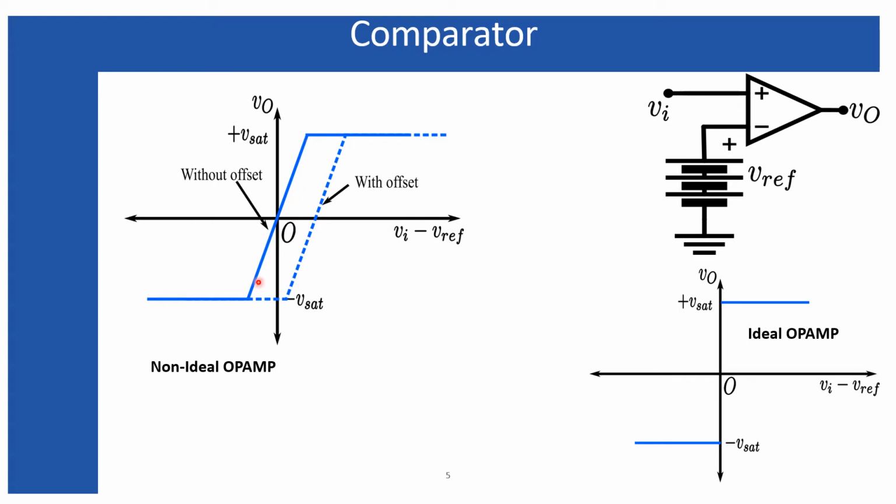So this linear region represents the finite voltage gain, which means when Vi and V reference fall within this linear region, somewhere over here, then the output gets amplified by a finite voltage gain of this A. But when Vi minus V reference, this difference, becomes greater than a certain point along the x-axis, corresponding to this corner, then the output saturates to the plus Vset. Similarly, when Vi minus V reference becomes less than the voltage corresponding to this particular corner, then the output switches to the minus Vset.